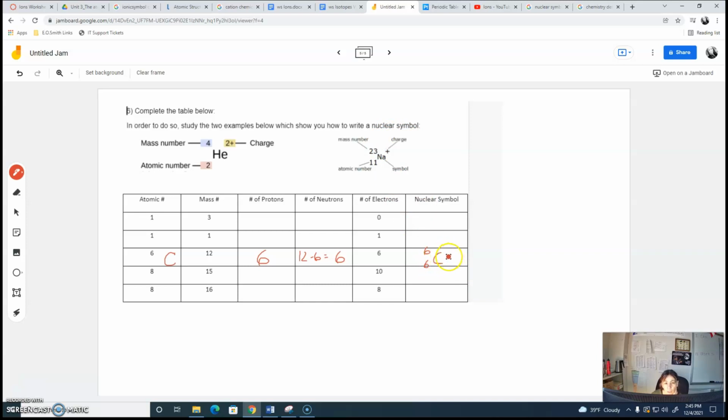My overall charge is going to be my net charge. If I got 6 protons and 6 electrons, they completely balance each other out. Do I have a net charge? No, I don't, so I just don't write anything. If I had a net charge like +1 or +2 or -1, then I would write it up here in the right-hand corner.